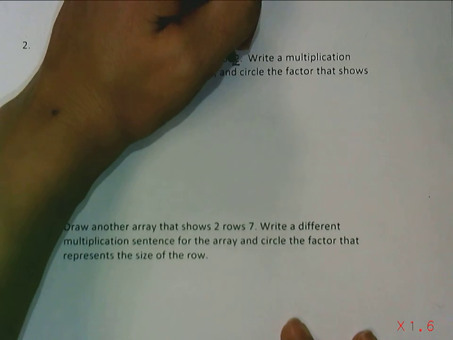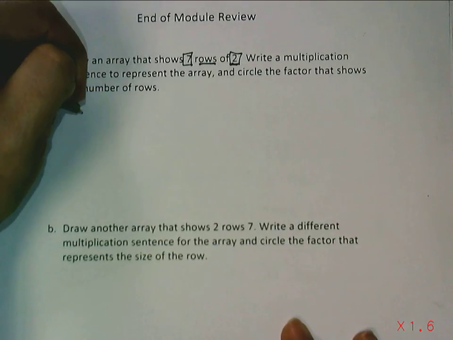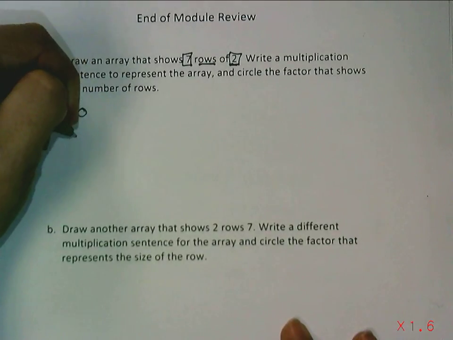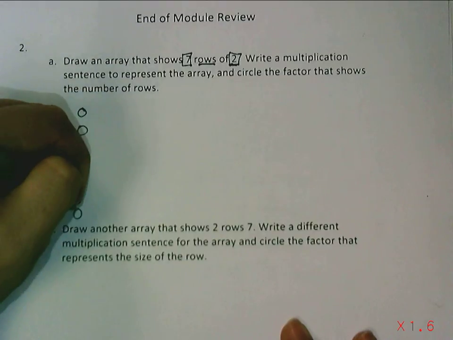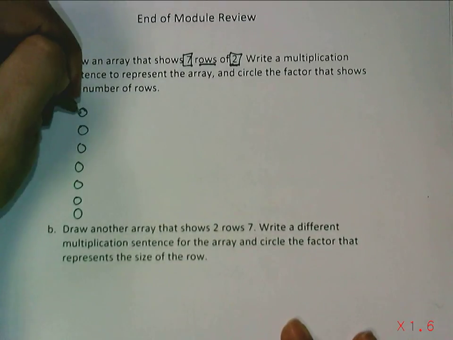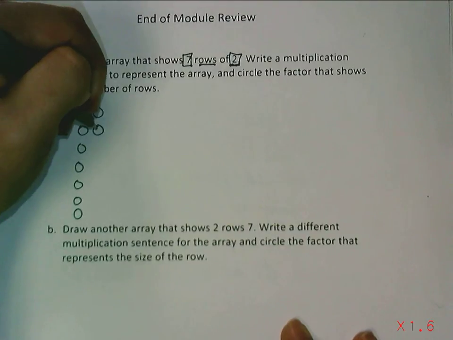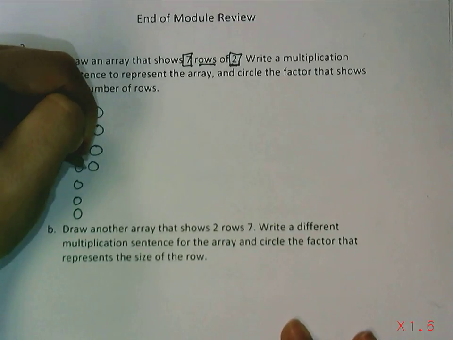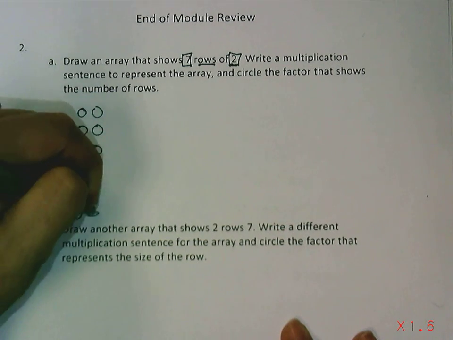Maybe I'll even put a box so I remember these numbers. So here's 1 row. Well, first I'll draw 7 rows. 1, 2, 3, 4, 5, 6, 7. But now I know there's going to be 2 in each row. 1 row, 2 rows, 3 rows, 4 rows, 5 rows, 6 rows, 7 rows.